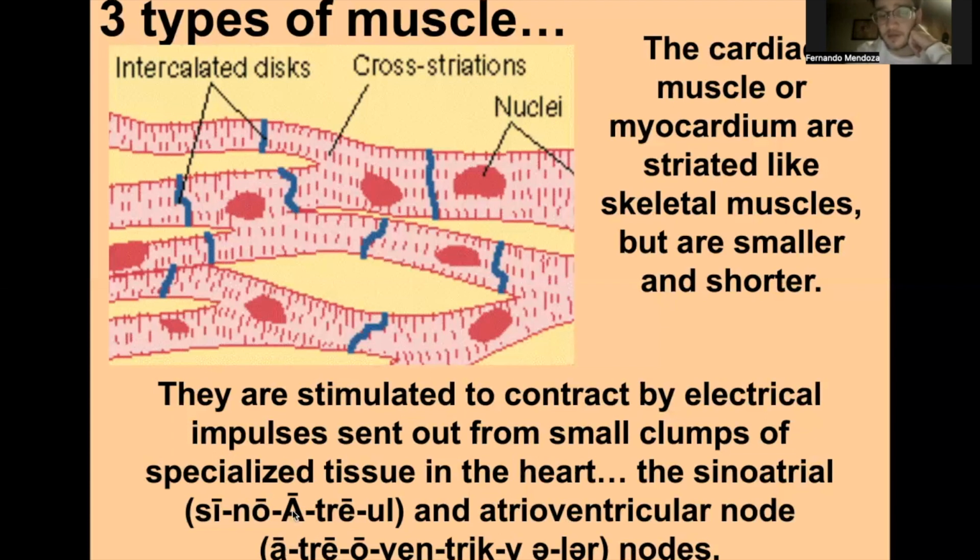But yeah, you can study it by yourself. I just added it here so you can know how this type of word is pronounced. These are the most important nodes to provoke the contraction of this type of muscle by these electrical impulses formed in the sinoatrial and the atrioventricular node.